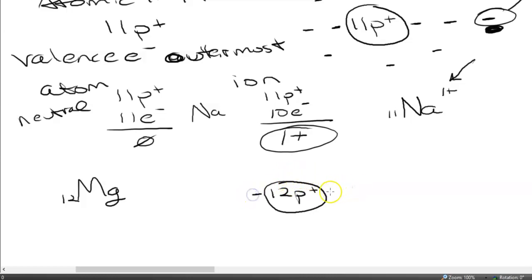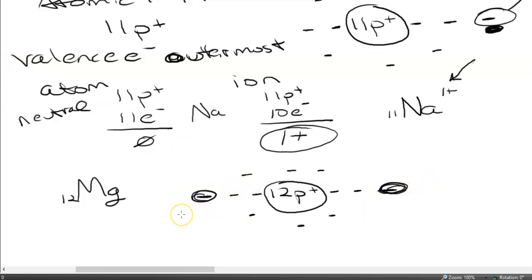So 1, 2, 3, 4, 5, 6, 7, 8, 9, 10, and then it's going to have 2 on the outside, 11, 12. We're going to practice drawing these next week. So you can see it's got 2 valence electrons out here.